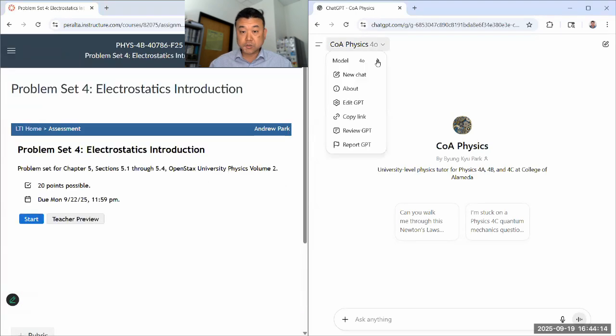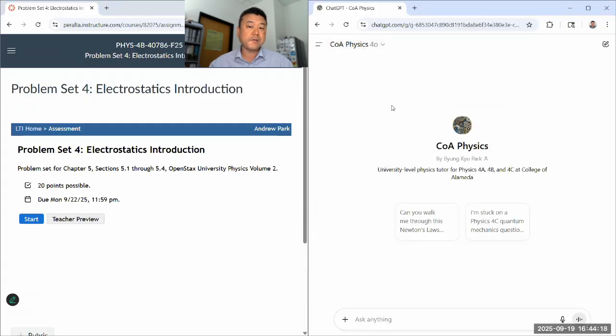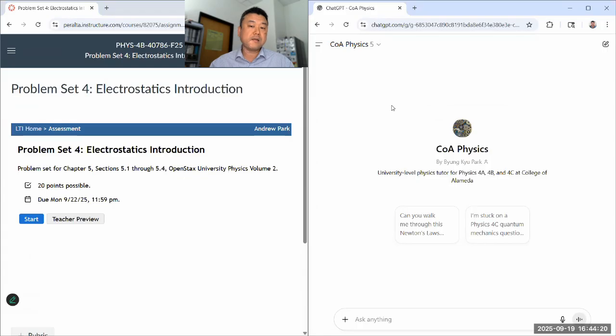And the reason I put together this custom GPT is really so that I can take advantage of the fact that I can put in the system prompts in there and kind of streamline some of the process of using ChatGPT as a tutor.